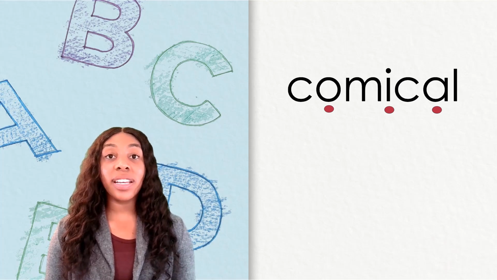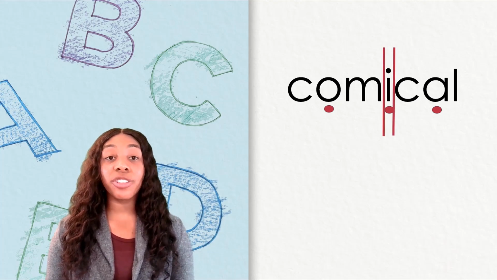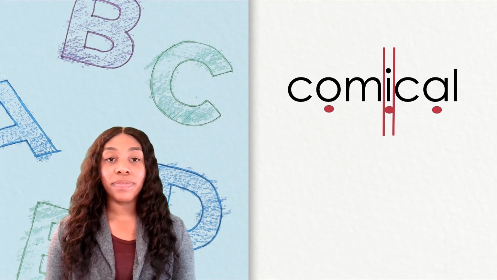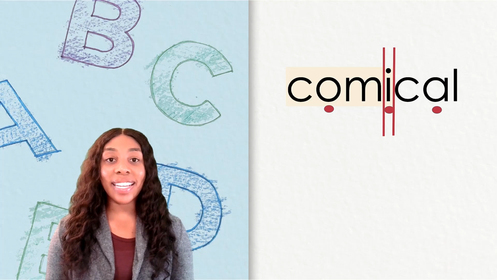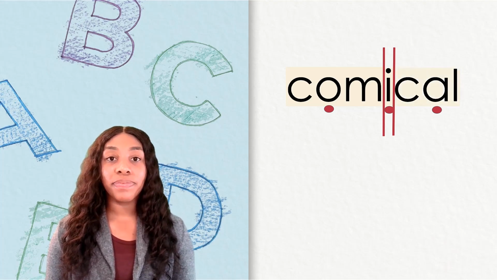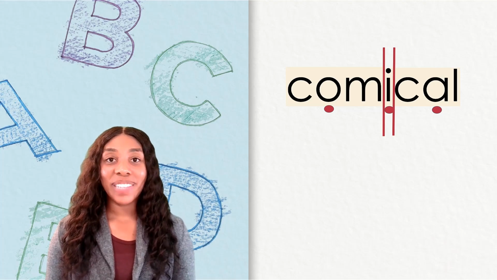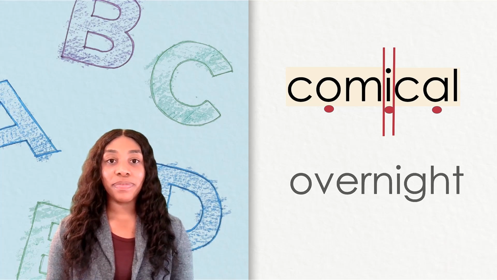Last, we see the kul sound, which is spelled C-A-L. Now it will be easier to read the word. The first syllable is com, the second syllable is i, and the third is cal. So the word is comical.